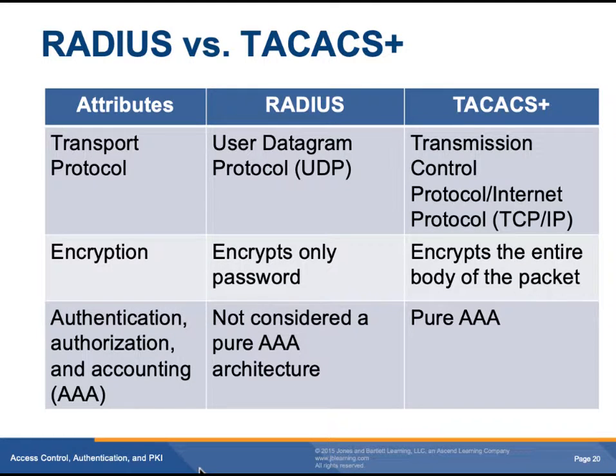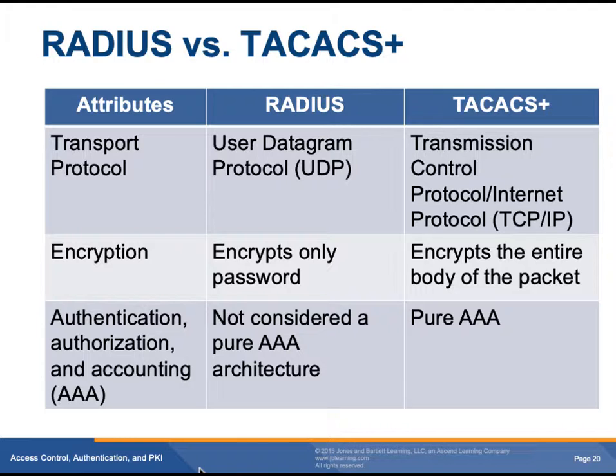Here's a comparison chart between RADIUS and TACACS Plus. The attributes are listed on the left-hand side. RADIUS uses UDP, encrypts only passwords, and it's not considered a pure AAA architecture. TACACS Plus relies on TCP/IP, the three-way handshake.